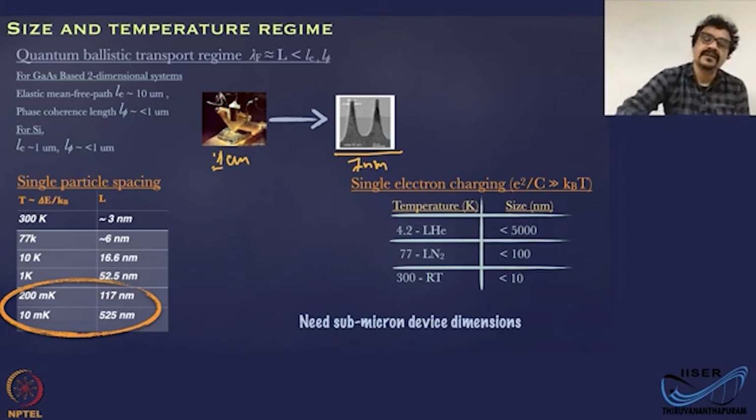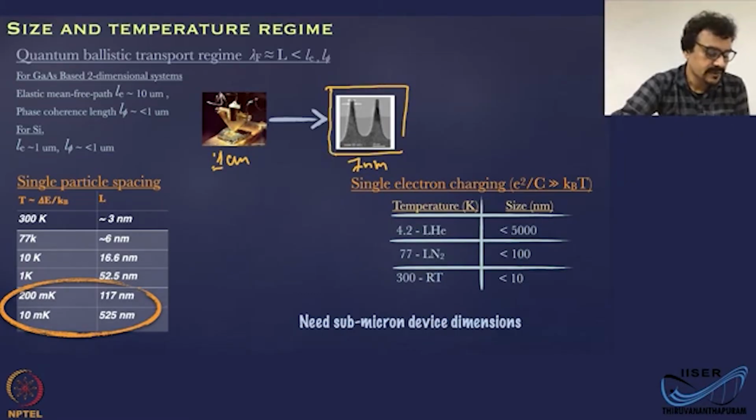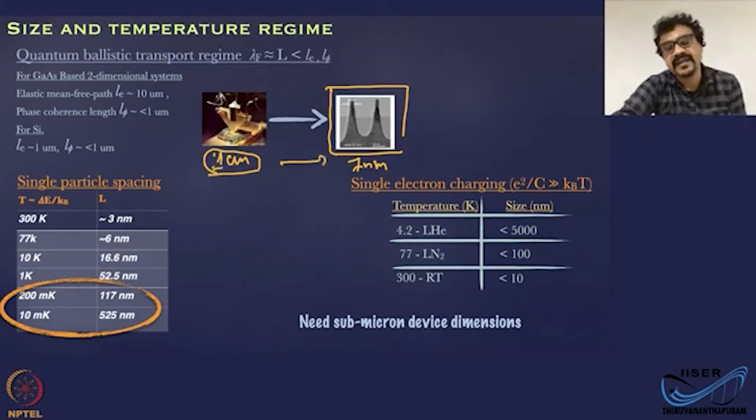Okay. So now this revolution of taking the device dimension from a centimeter to the 7 nanometer scale has happened over many years with a lot of complicated and sophisticated technology.